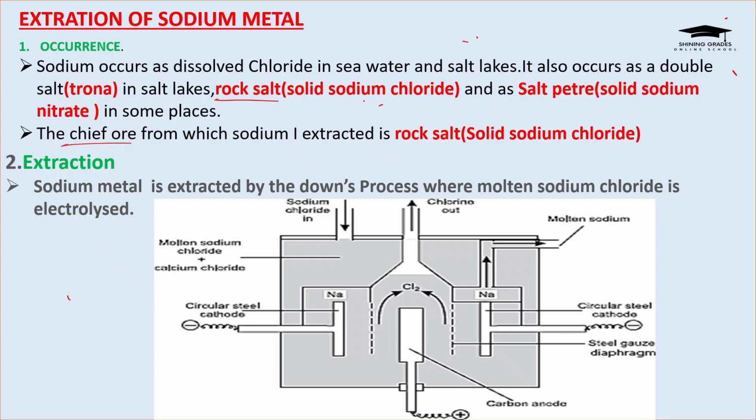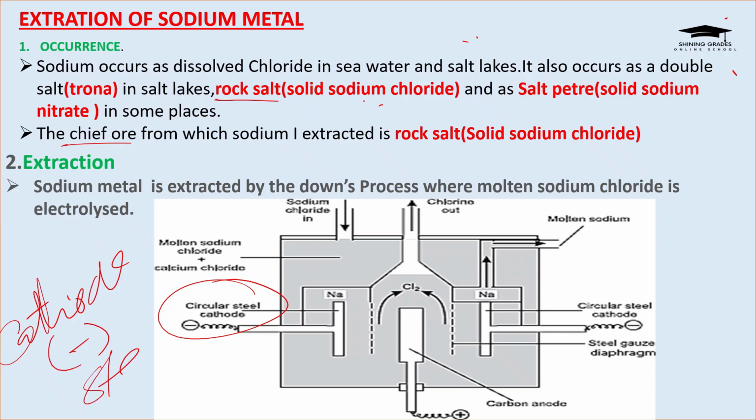In our case, in the Downs cell, steel is used as the cathode. In this case, cathode is the negative terminal, and steel is used as the cathode.